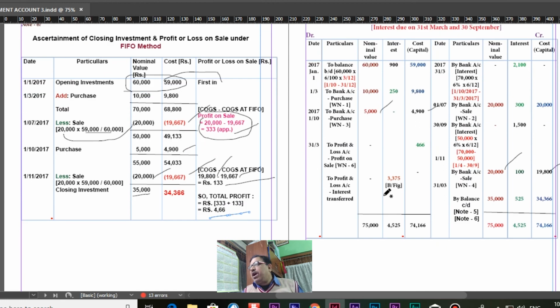Therefore, that will come here on 31.3 and under debit side, that is 466. That is a profit. Therefore, it will come under cost column. 466.